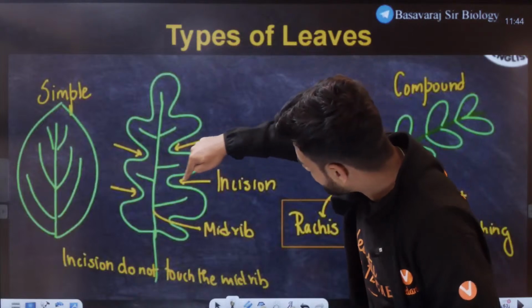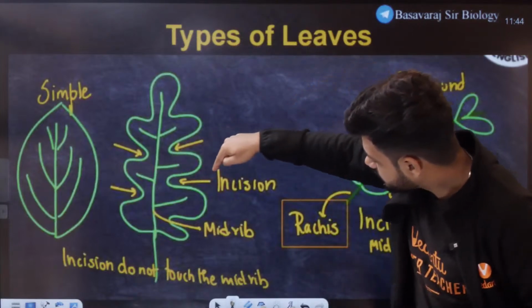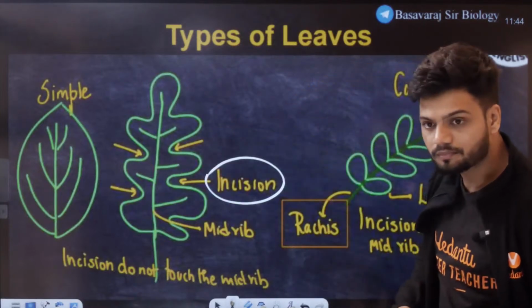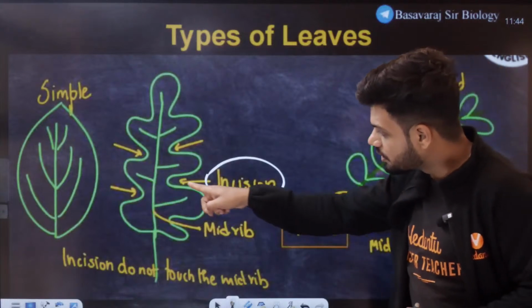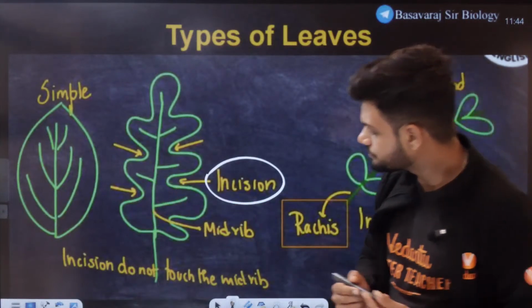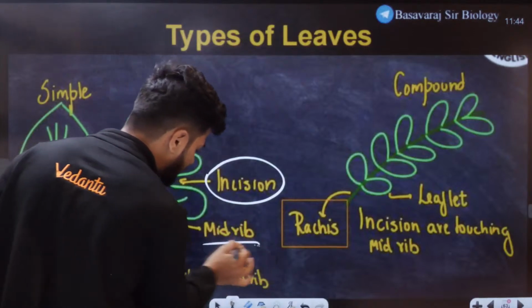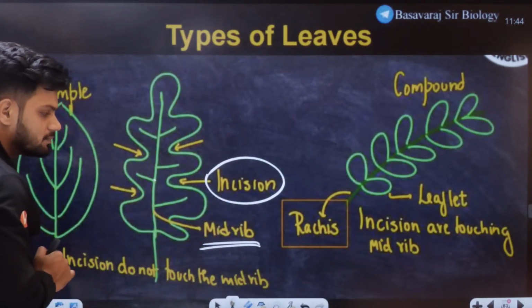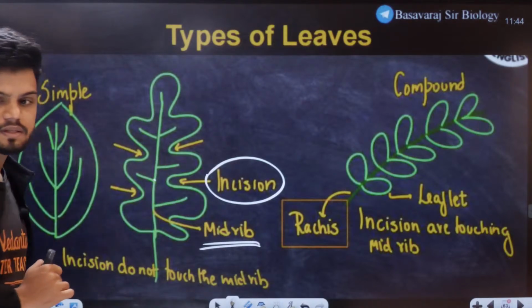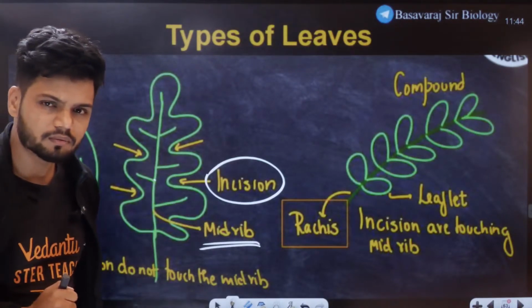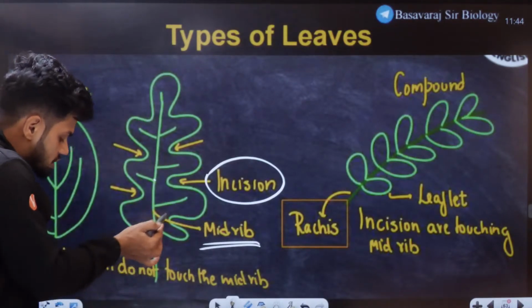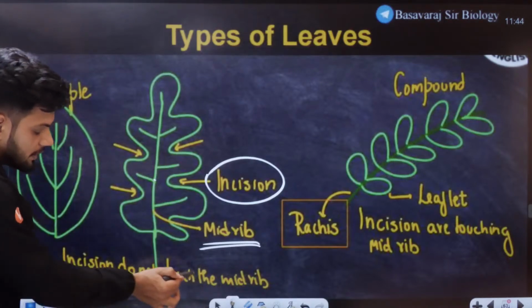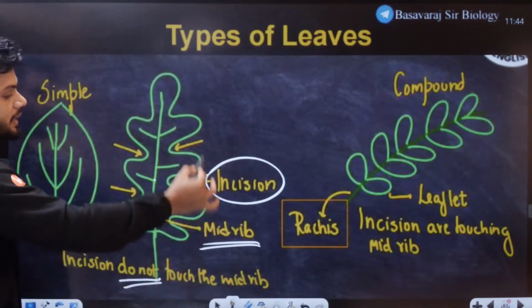Because these are called incisions. Is the incision touching the midrib, students? This right here is the midrib. Are they touching the midrib? The answer is no. When incisions do not touch the midrib, it is called a simple leaf.